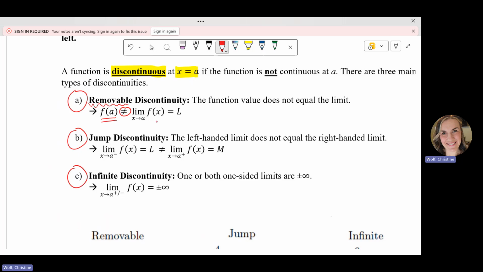I just want to specify though, this means that the limit does exist. So it's like I checked the left side, I checked the right-hand side, so the limit does exist, that's all good, but that answer for your limit does not equal the function value at a point.